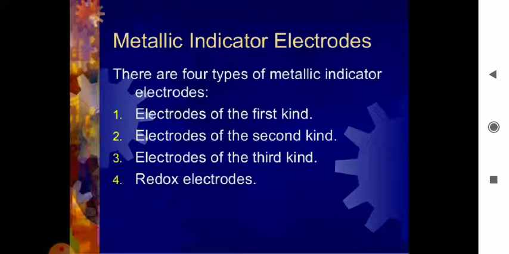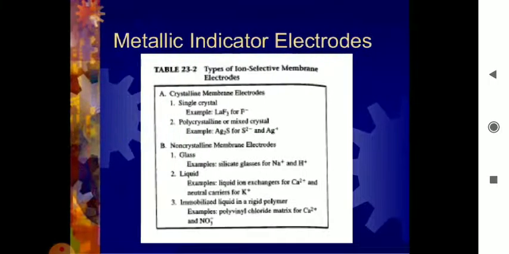There are four types of metallic indicator electrodes. The first is electrodes of the first kind, and the second, third, and fourth types are redox electrodes.